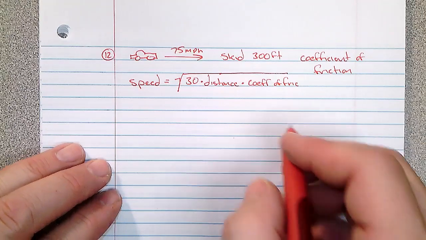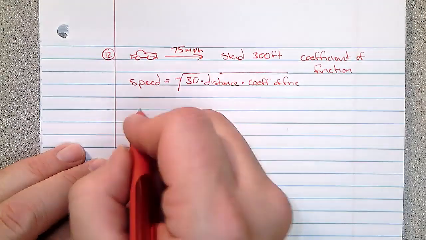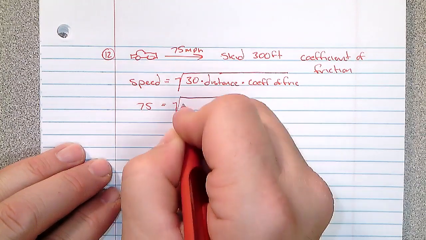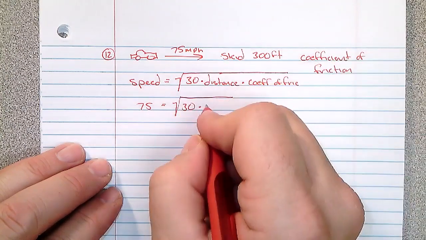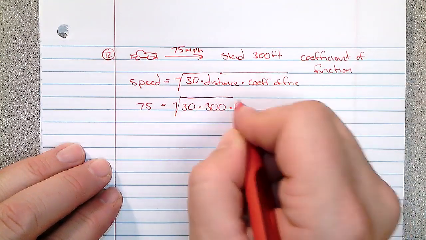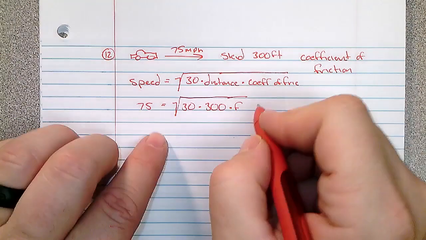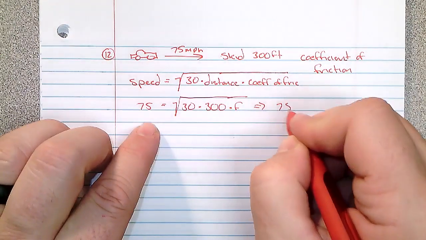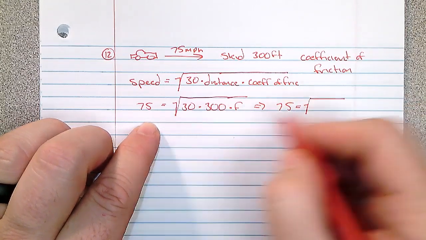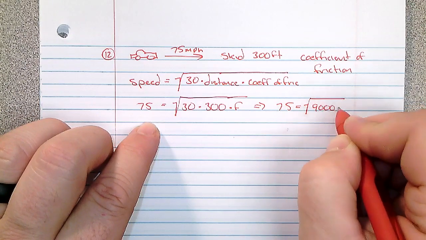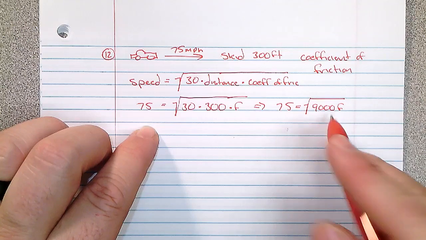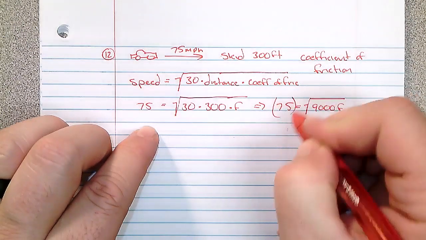So all we're going to do again, plug and play. We've got a speed, we've got 75 miles an hour. We've got this equal to 30 times our 300 feet times our coefficient of friction, or F. So this is 75 is equal to the square root 30 times 300, 9,000 F. Now we need to get rid of our radical, get rid of our square root. We're going to square.